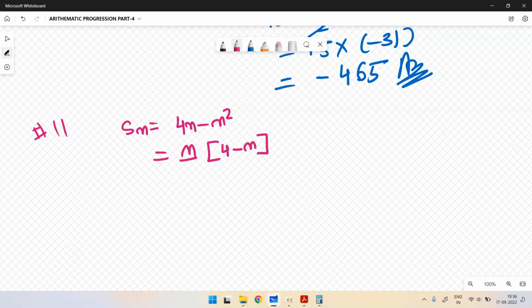If you multiply and divide by 2, this is n by 2 into (8 minus 2n).